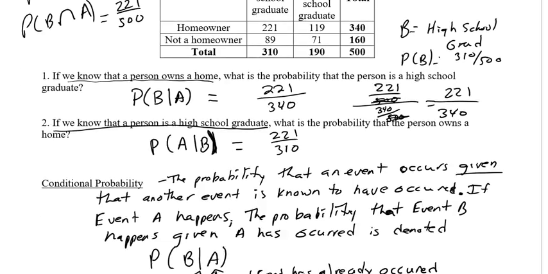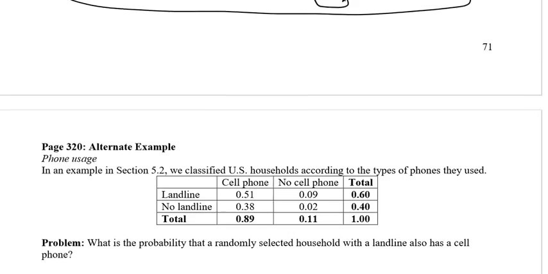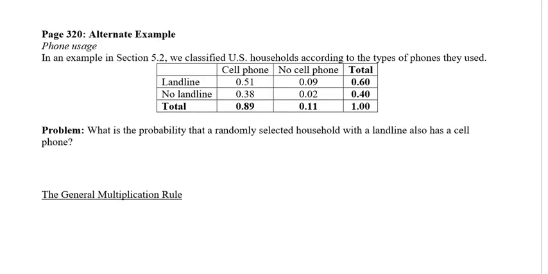We also talked about cell phones and landlines in the last section, and we filled out our little two-way table. It says, what's the probability that a randomly selected household with a landline also has a cell phone? Well, we know they have a landline because they told us that, so we're going to use that row. We're going to call L landline and C cell.